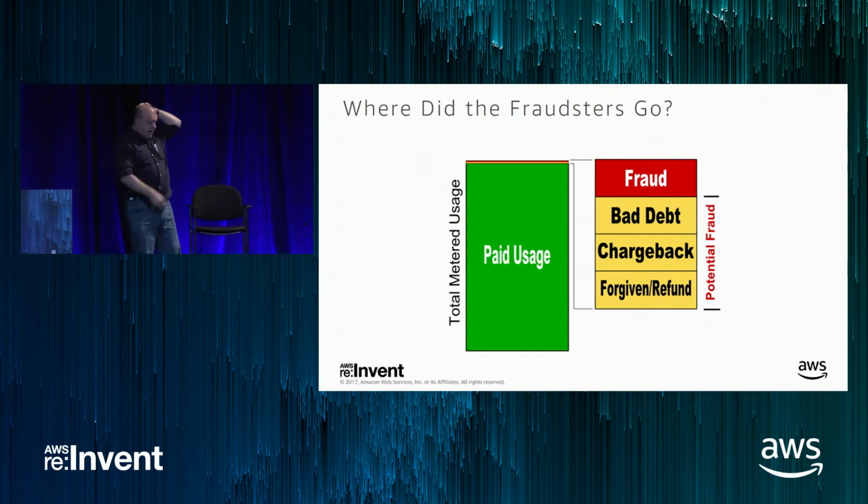This is my son in college going, yeah, Dad, sorry, I started 10 instances for a test, and I forgot about them for 3 weeks, so the bill's $400 now. And I call up and I say, can you please forgive me for this? And so we have forgivens that happen as well. And there's a whole bunch of these different areas. And then we've got the stuff that we've marked as fraud, right? And so we look at all of those areas and we say, okay, what's going on there?